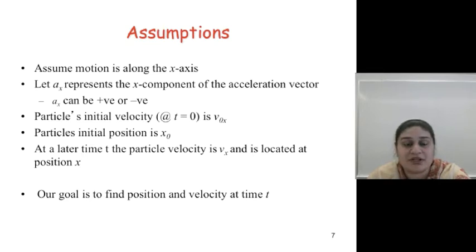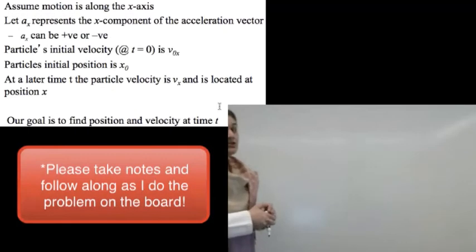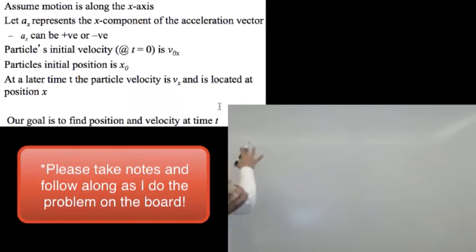We will consider the initial particle's velocity, for example, at t equals 0 to be v0, and the initial particle's position to be x0. So our job is to find all possible v's and all possible x's for the position at any given time after the initial time. So that is our job. We have to find all possible equations of motion that can help us solve these problems.